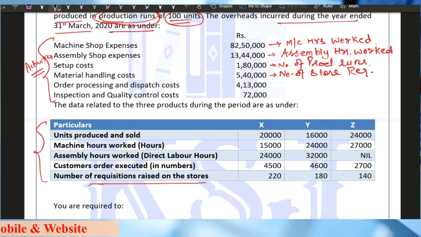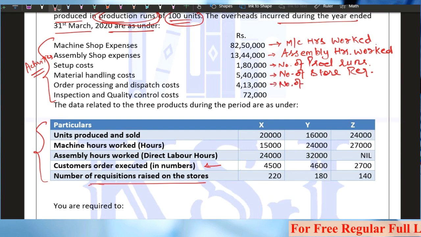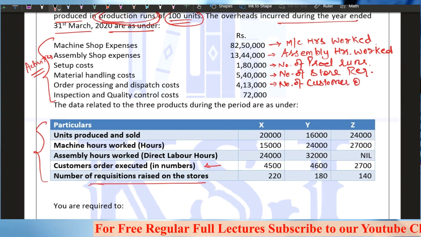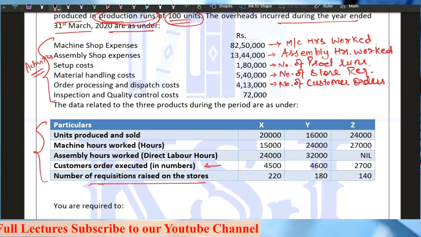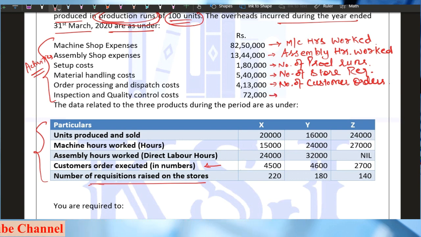Next, order processing and dispatch cost. Sir, it will be dependent upon the number of customer orders. Next, inspection and quality control cost. It will again be dependent upon the number of production runs.